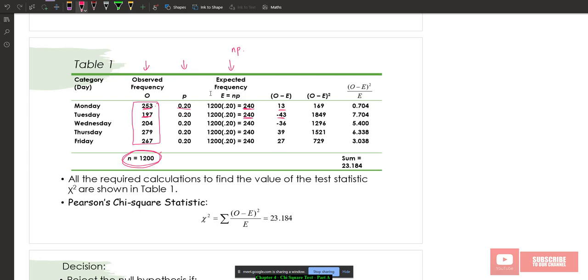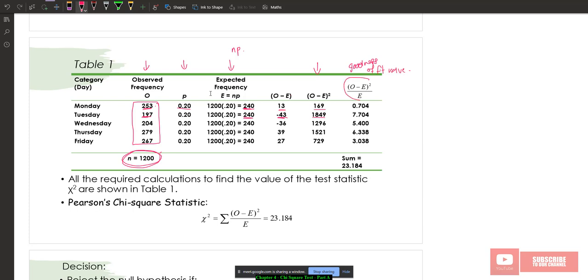And then the next column, we will take the square value. If you don't want to take the square, you can put it in the formula, no worries, right? I just do it step by step. So 13 squared, you get 169. 43 squared, 1849, right?